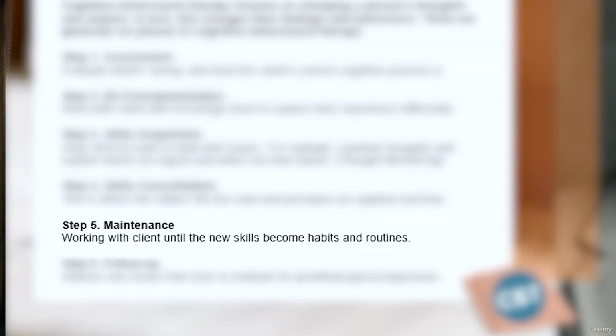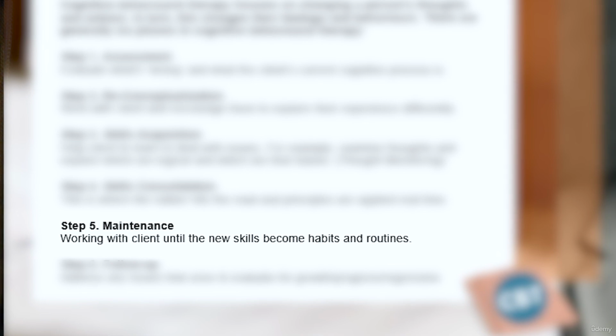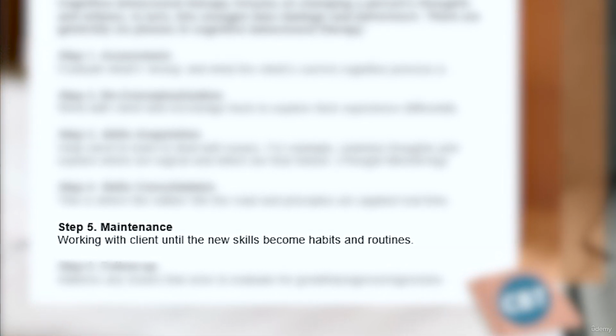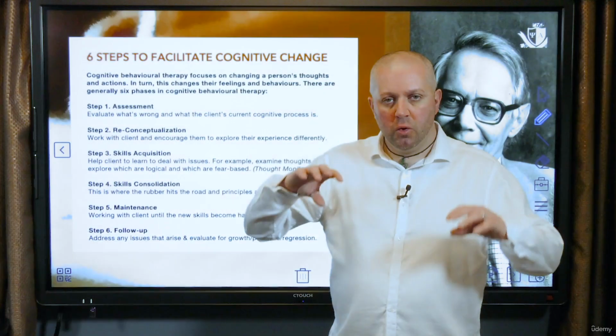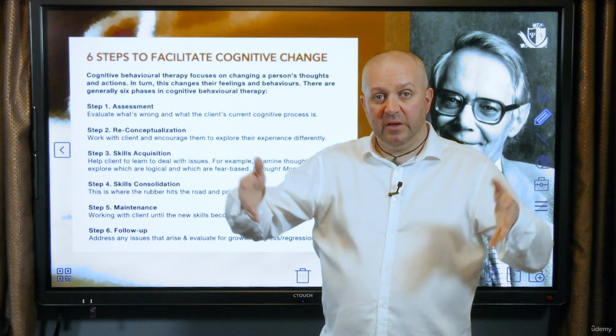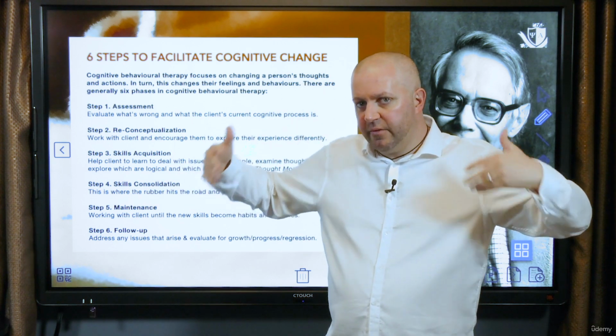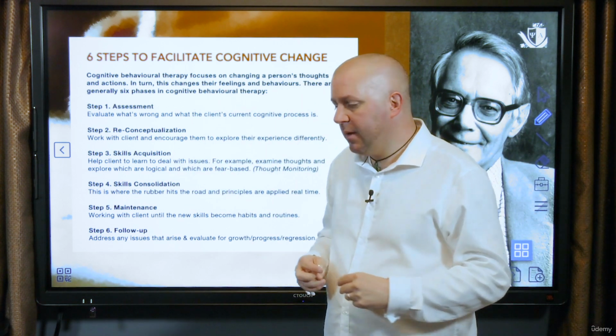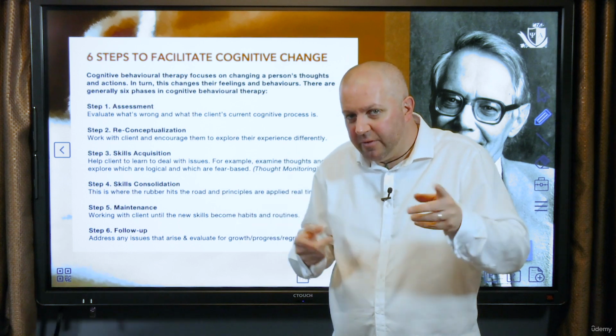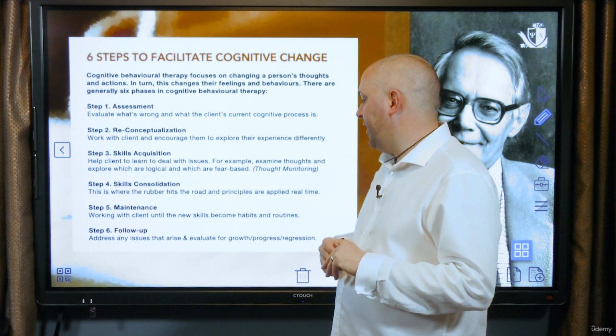So step 5, stage 5, maintenance. And this is when we continue working with the client until the old habit has been replaced with the new. All right. This is where the new skills that we're teaching them, i.e. the A, B, C, and I'm going to give you another full demonstration of that in a few videos' time, and building in the D and the E, which I haven't shared with you just yet.